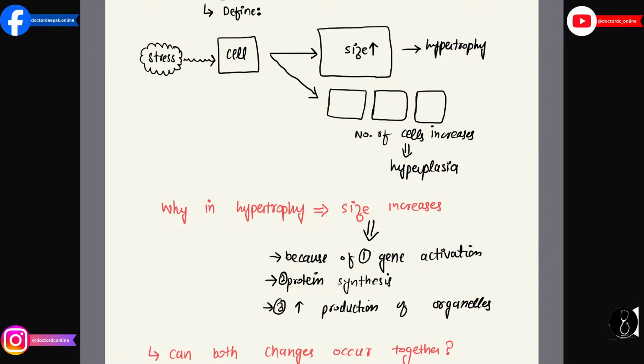So that's why the heart, the cardiac muscle, skeletal muscle, and the nerves can only undergo hypertrophy. They cannot undergo hyperplasia. The reason is because these are permanent tissues. They don't have stem cells. Only those organs which have stem cells can undergo hyperplasia.